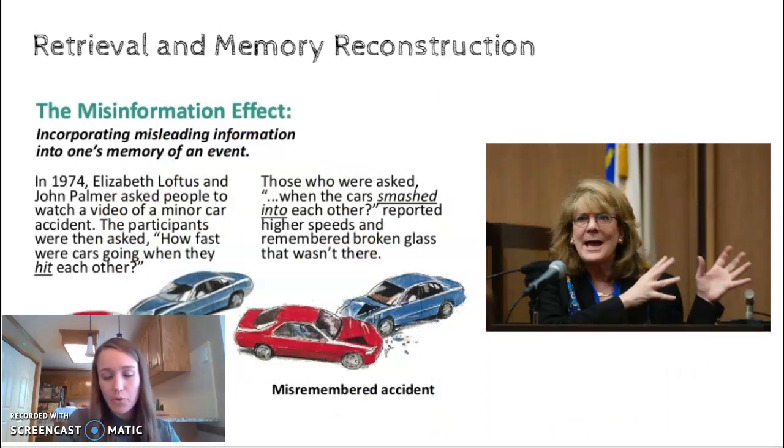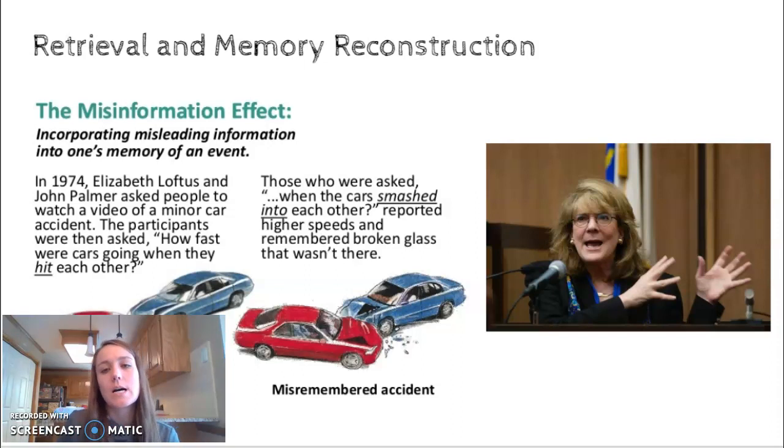Elizabeth Loftus is a really important person for memory. She studies the misinformation effect and false memories, when people remember things differently than they occurred. Her very notable study asked people who witnessed a car accident how fast the cars were going when they hit each other versus when they smashed into each other.